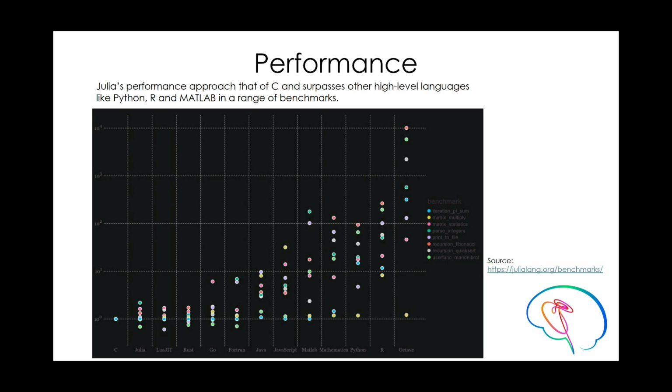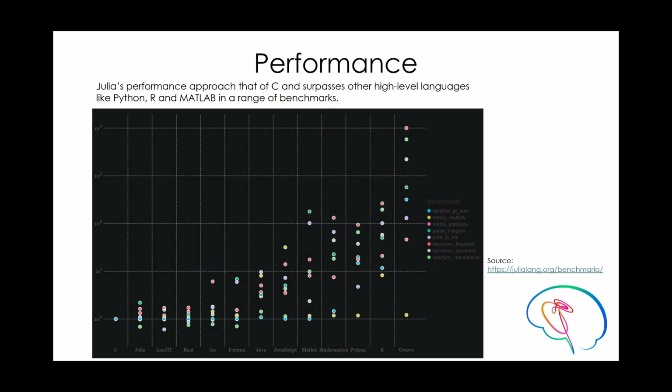Now on performance, this is the "runs like C" part of that famous mantra. Here I'm just showing you some benchmarks with popular functions. Some of them come from linear algebra, like matrix multiplication or matrix statistics. Some of them are just recursions, like a recursive calculator of the Fibonacci sequence.